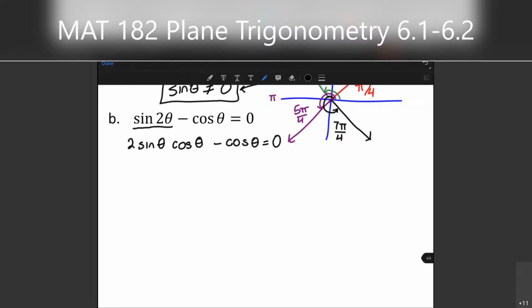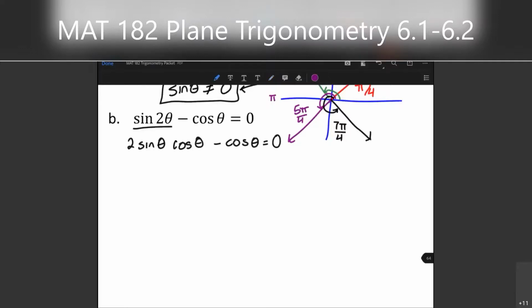Any operations that I could use? Do we have any common terms on the left side that might be helpful for us? I can't necessarily subtract right away.